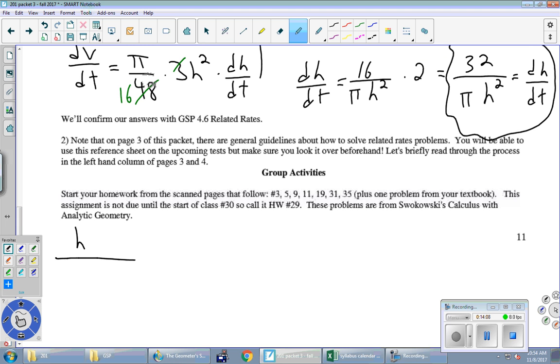Okay, so we've got h, and then we've got dh/dt. I'm going to ask my calculator folks to help me out here. So somebody plug 5 into that formula, somebody plug 10, and somebody plug 15. Anybody have any of them?